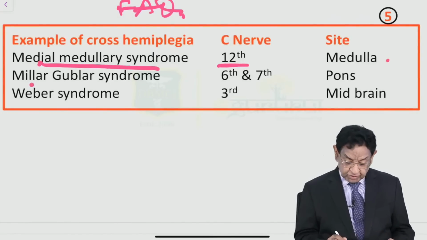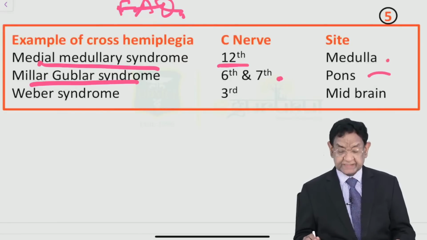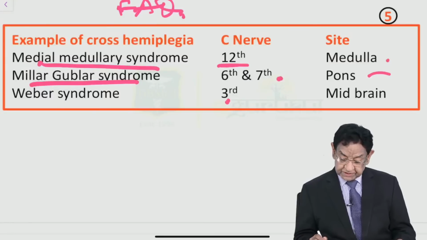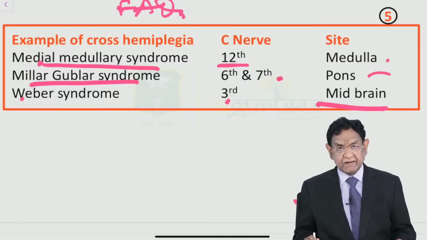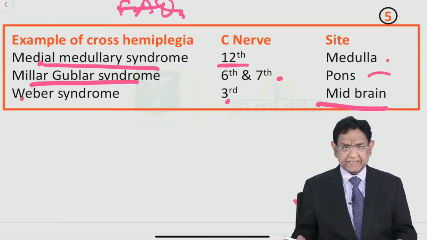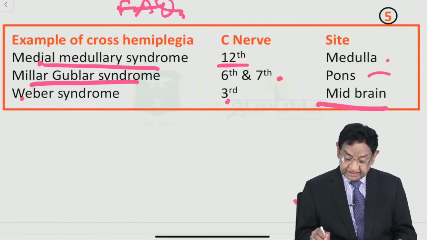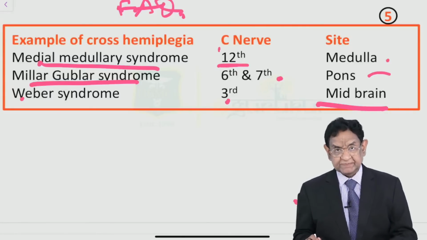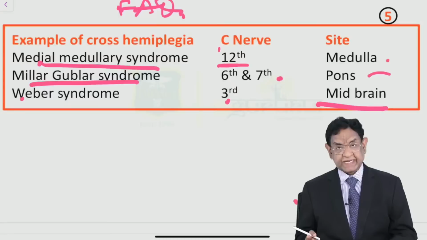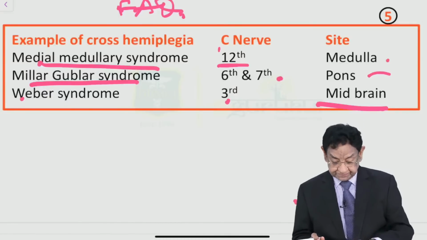Then we have Millard-Gubler syndrome: lesion is in the pons, 6th and 7th nerve. And Weber syndrome: 3rd nerve and midbrain lesion, for which I gave you the example. So these are the classical examples of crossed hemiplegia, and this is a very frequent exam question. Cranial nerve on one side and hemiplegia on the other side is crossed hemiplegia. I hope things are clear to you.